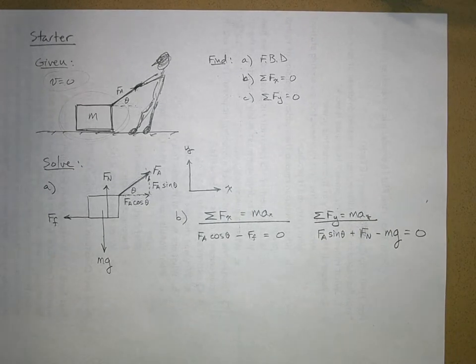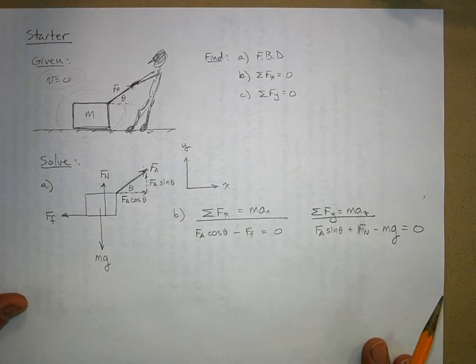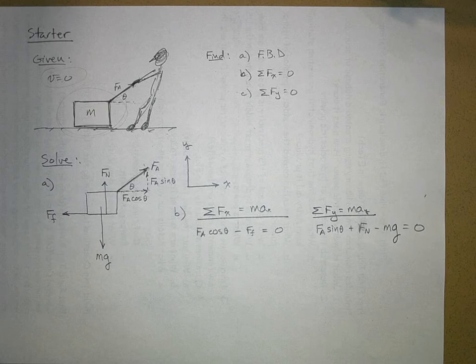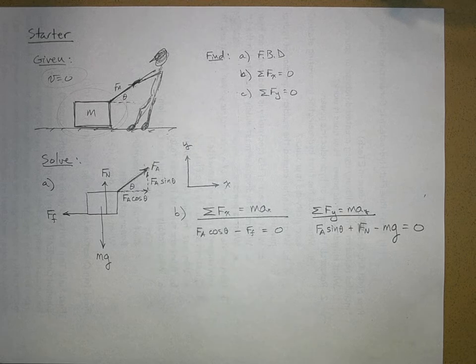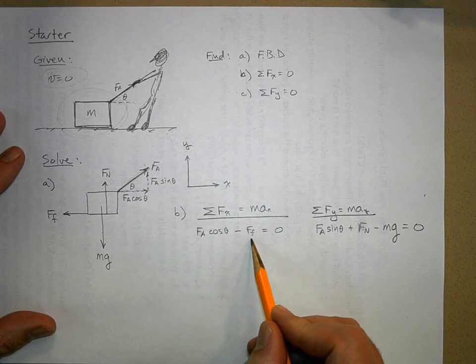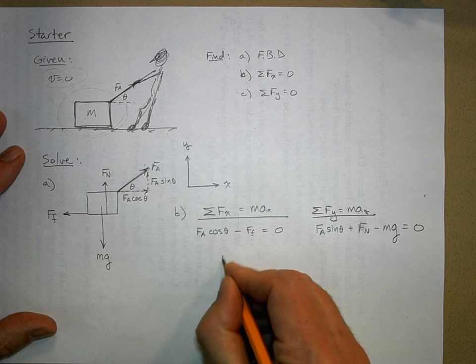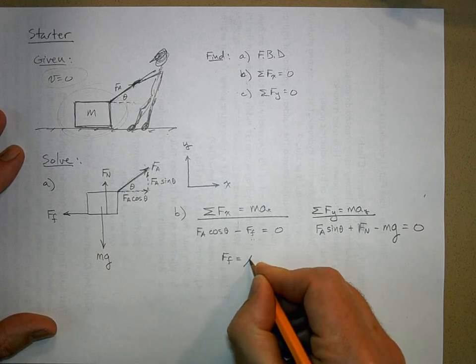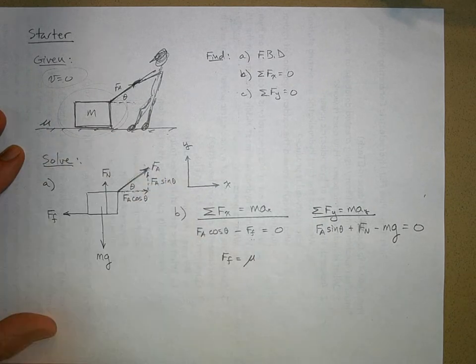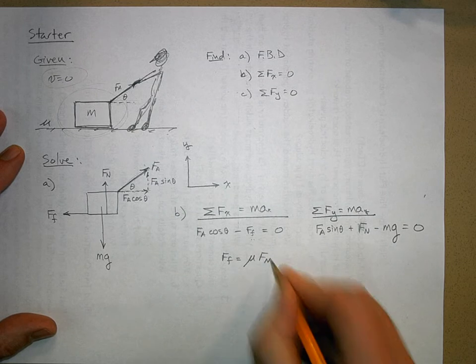Okay, now this is where we can stop. This is all I asked you to do. But notice that when we have a problem like this now, it's more complicated than what we did before, but we're really doing the same thing. For example, what if you need to find the force of friction? Well, we know that the force of friction is equal to mu, static mu, times the normal force, right?